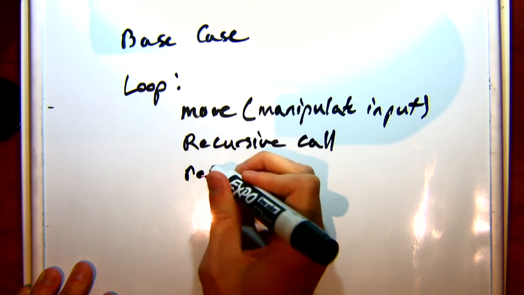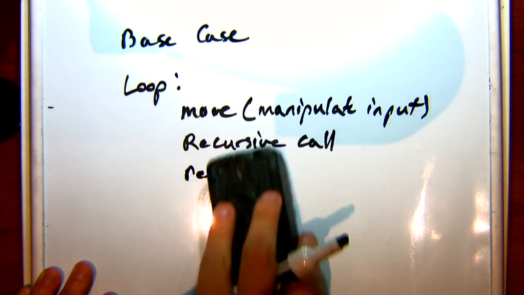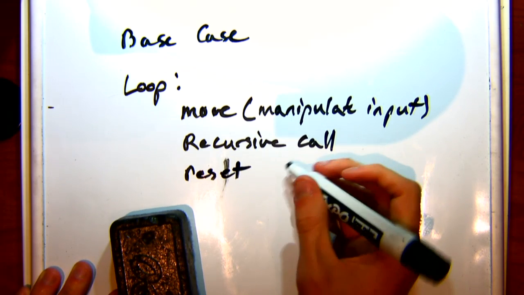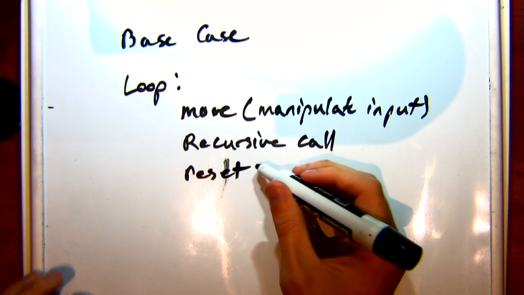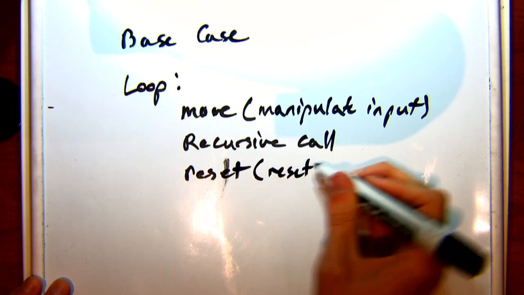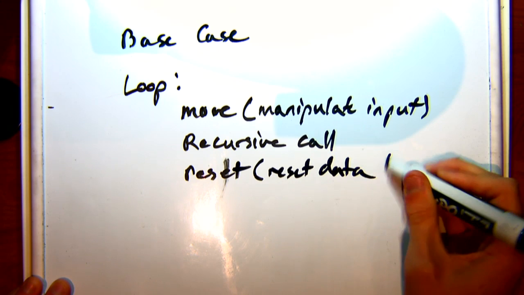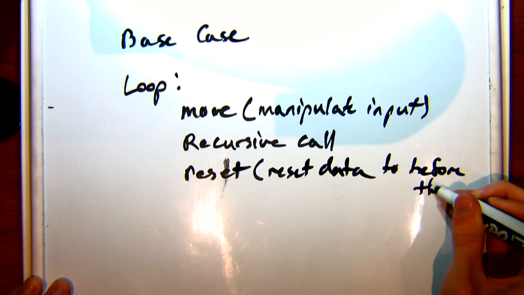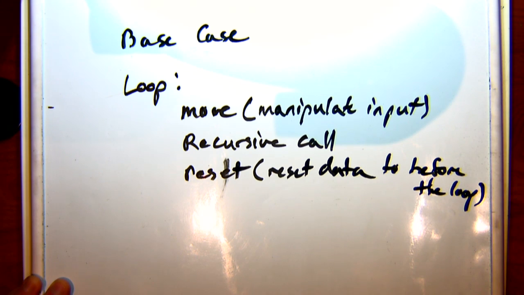And then you're going to reset. And basically what this means is reset data to before the loop. So you'll reset that data to before you came in so you can make your next move.